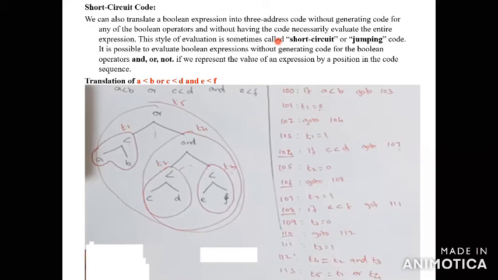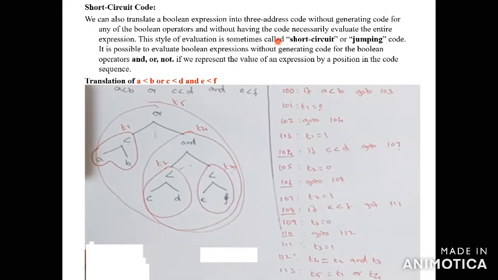So it is possible to evaluate the Boolean expression without generating code for the Boolean operators and, or, not. Here, we represent the value of the expression by a position in the code sequence.